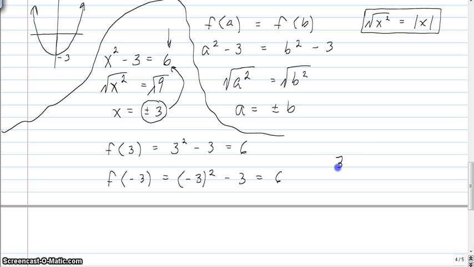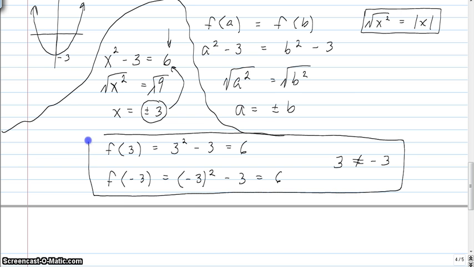But 3 is not equivalent to negative 3. So two different x values gave me the exact same y value, and really just showing this is all you need to show to verify that the function is not one-to-one, although you might have to go through some other work, some trial and error, to get to that point. But really this is all that we need to see in the end.